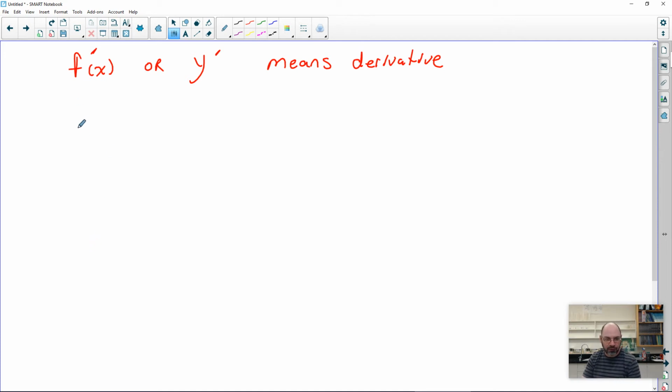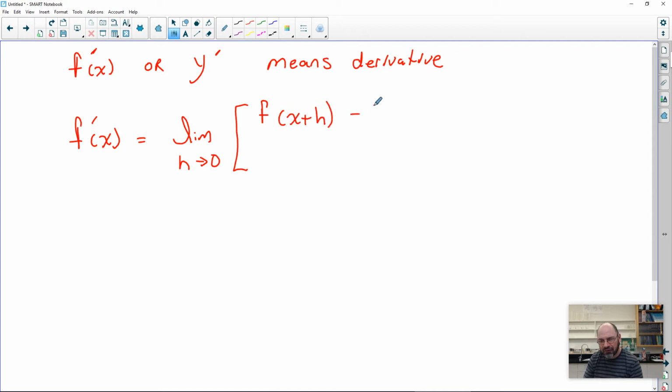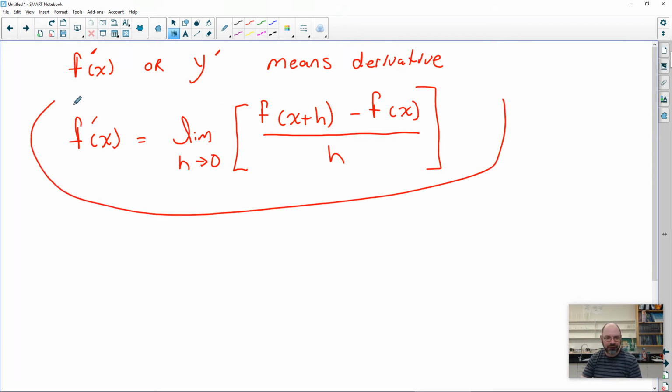So then the derivative of any function, f of x prime, is equal to, as we said, the limit as that distance h approaches 0 of f of x plus h minus f of x, all divided by h. And that's our definition of a derivative. So there's our equation for definition of a derivative.